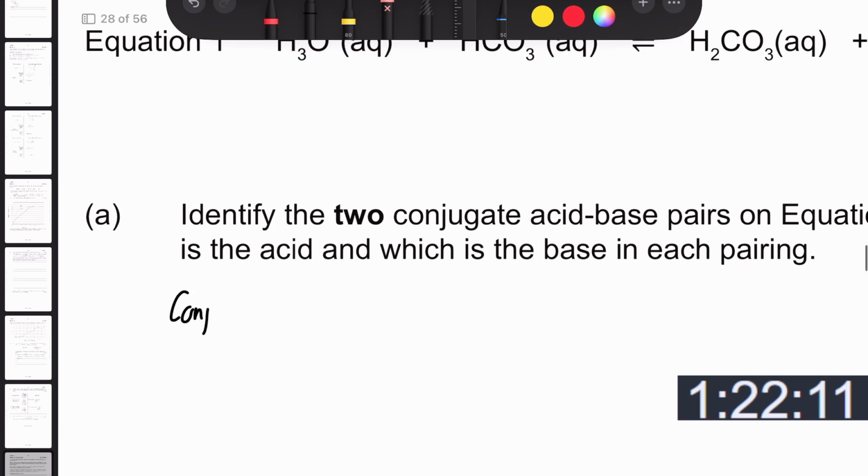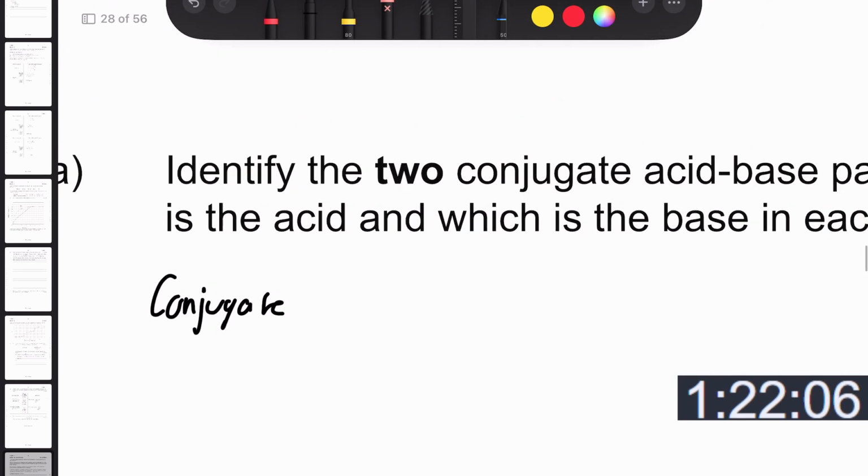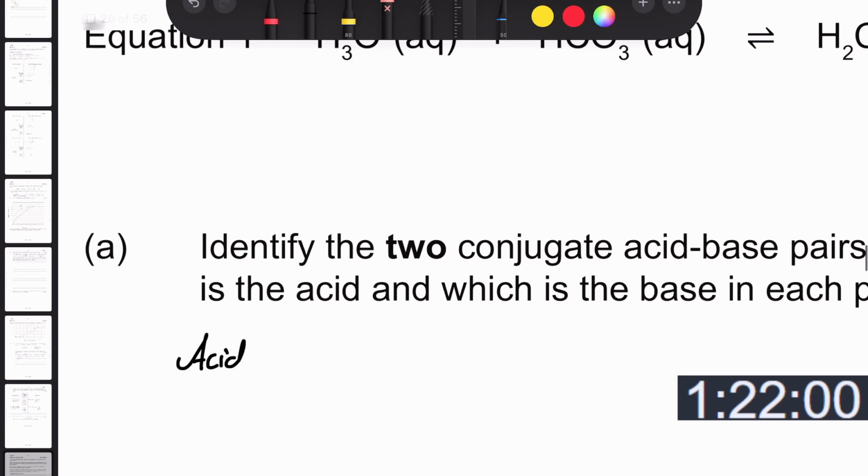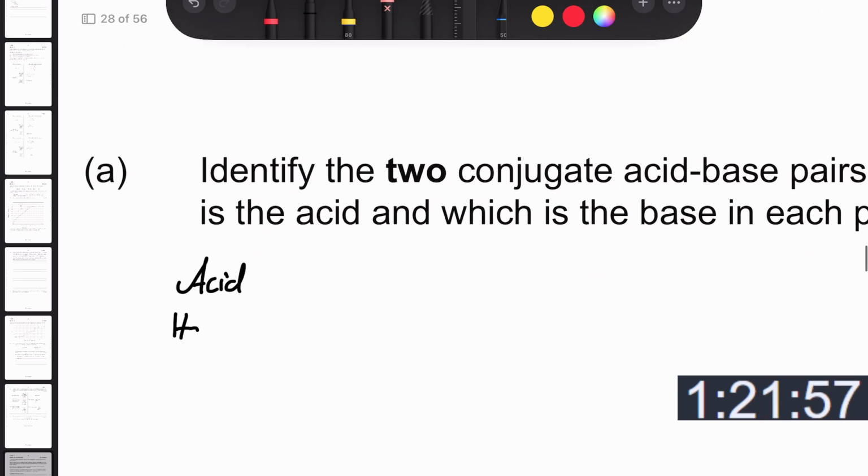So conjugate acid 1, actually I'll say here. So acid is H3O plus.